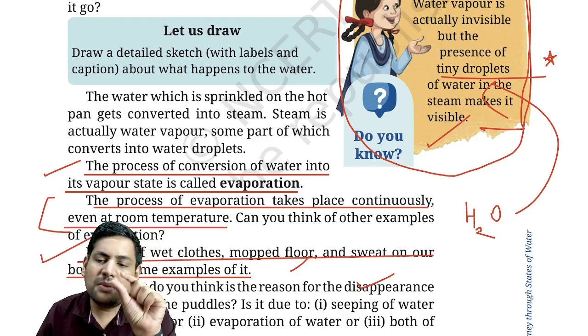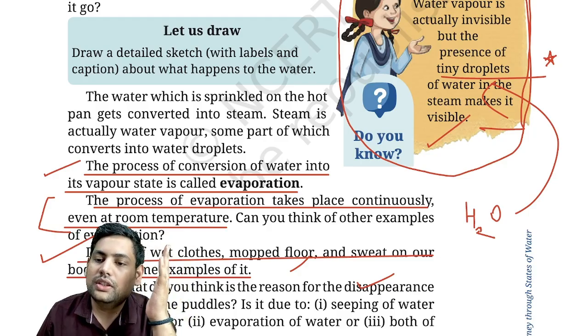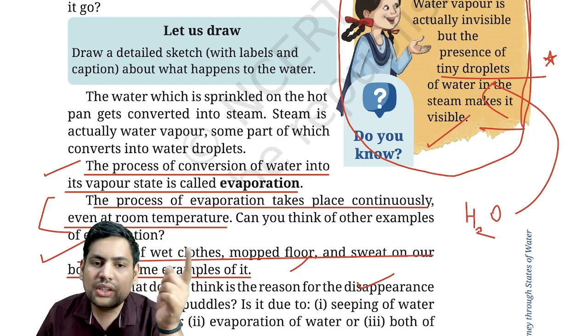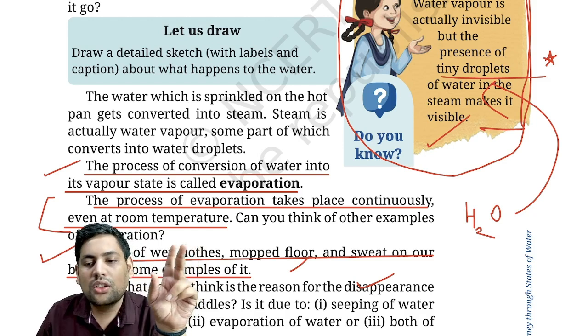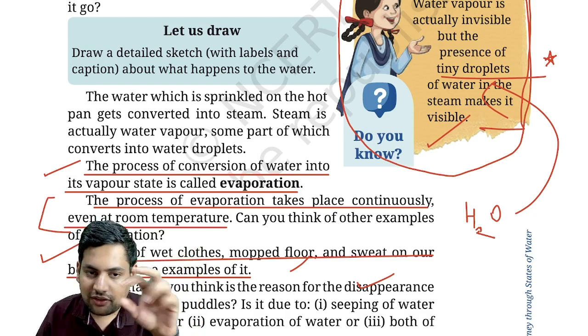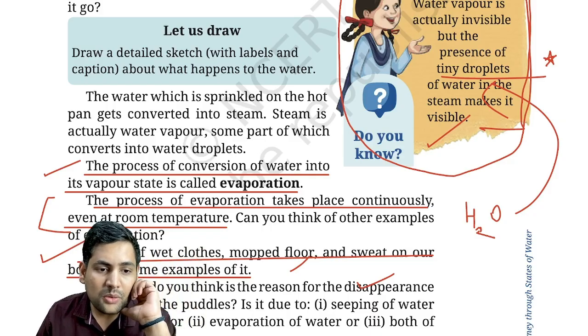Ultimately, water droplets are gone into the environment. How? Through evaporation, that is the conversion of liquid water to water vapor. Simple as that.